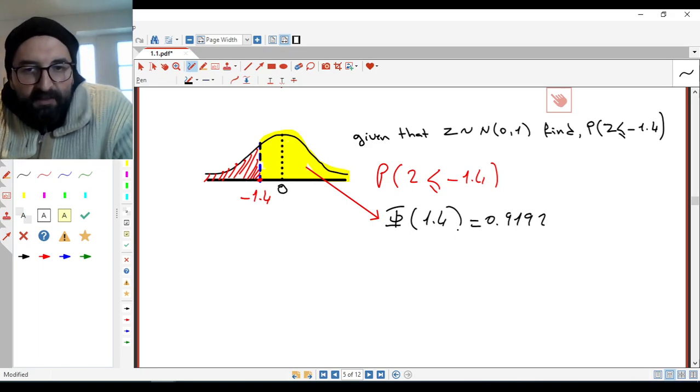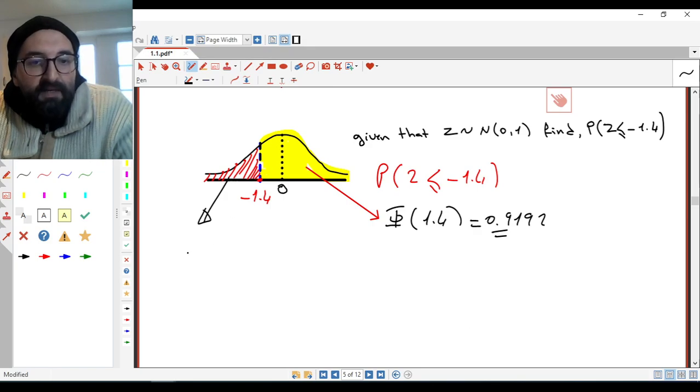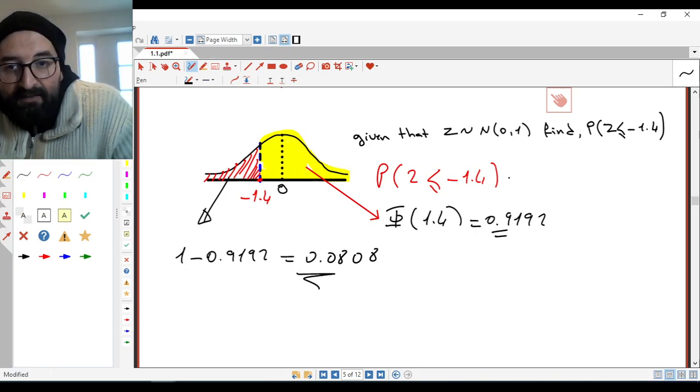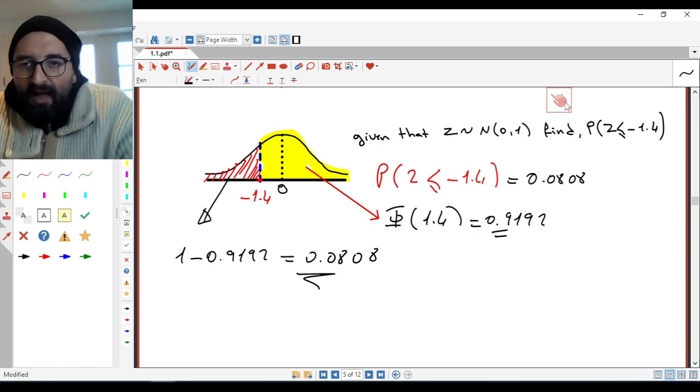Okay, but this value for big area, but I am looking for the small area, so I have to make subtraction. 1 minus 0.9192 and also 0.0808. Okay, and the small area and the probability of this section is 0.0808.